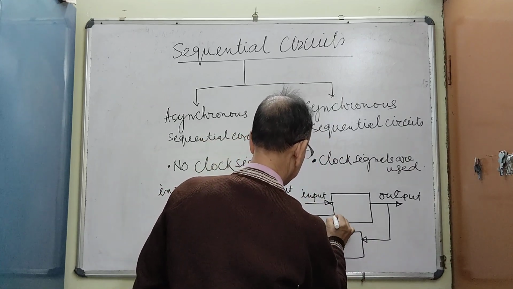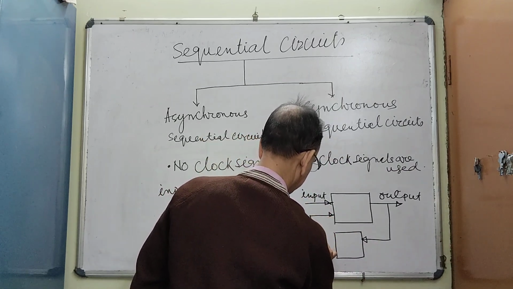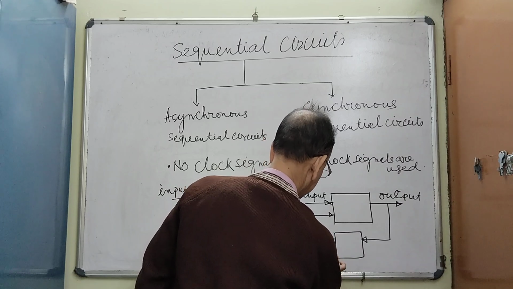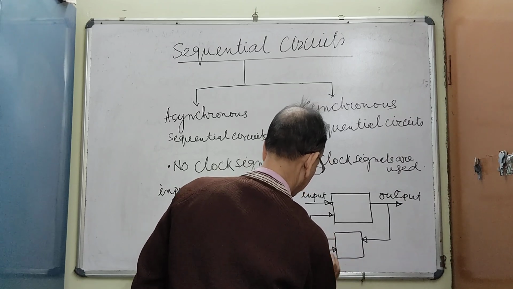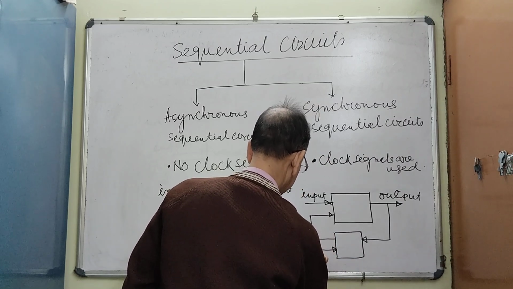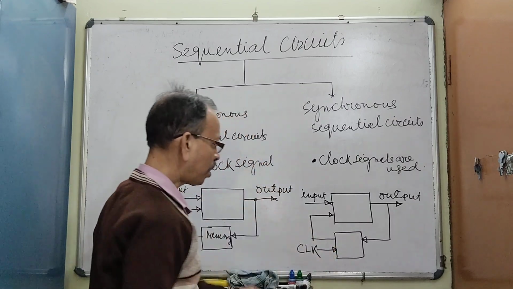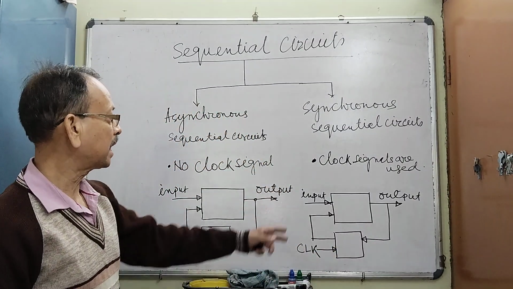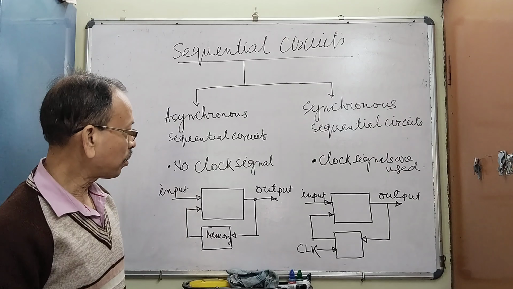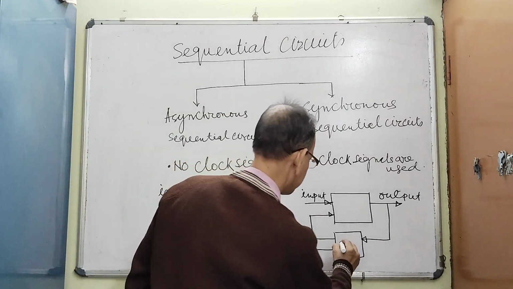From the memory there is a feedback, but there is a control signal. The control signal is the clock, CLK, the clock signal in the case of a synchronous circuit. So this is the memory.